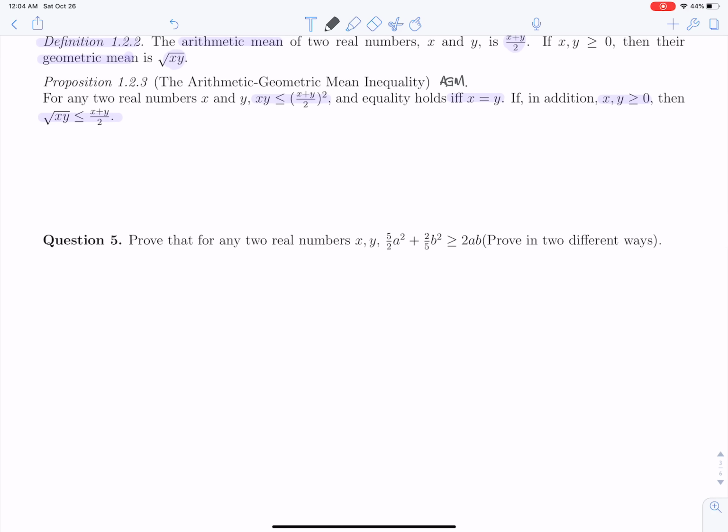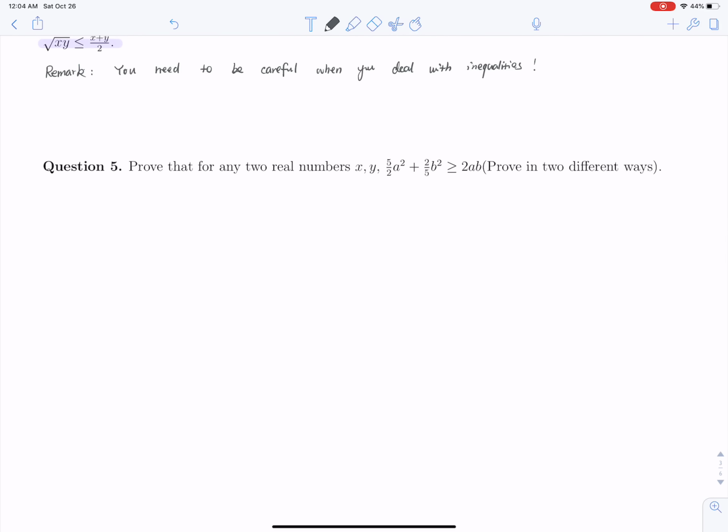I have some remarks. Oh my god, I can't spell. Remark. So, you need to be really careful when you deal with inequalities. Why is that?